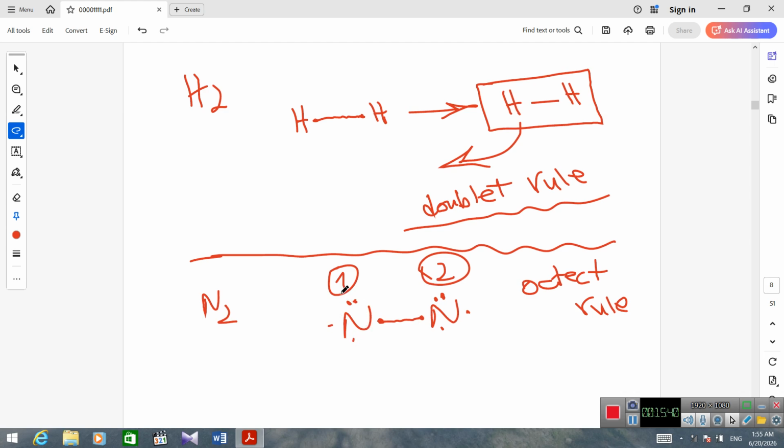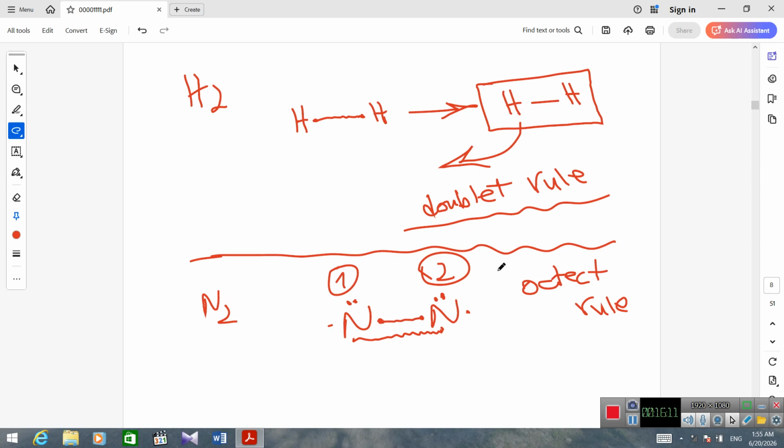Because the nitrogen hasn't reached the octet rule, I have to form another bond, and we connect another bond, and again we count electrons: 2, 4, 6 and 7.